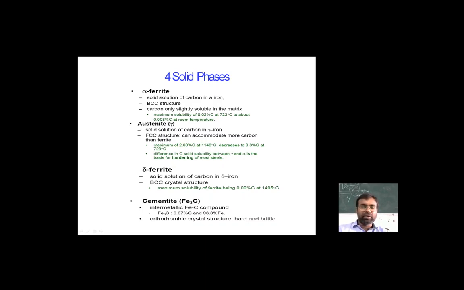Next, further moving to the solid solution, that is the cementite, which is basically the formation of a very hard material, and it is related to cast iron as well.